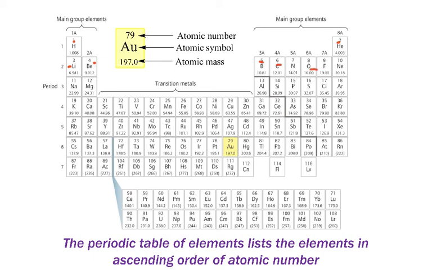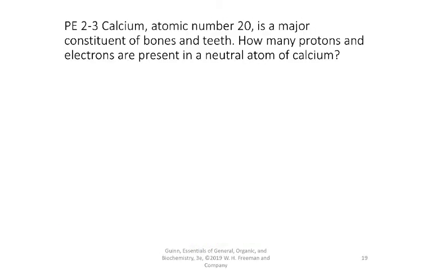So we find 19, 20, there it is. And atomic number 20, it's a major constituent of bones and teeth. So how many protons and electrons are present in a neutral atom of calcium? What do you think? Pause if you want to.